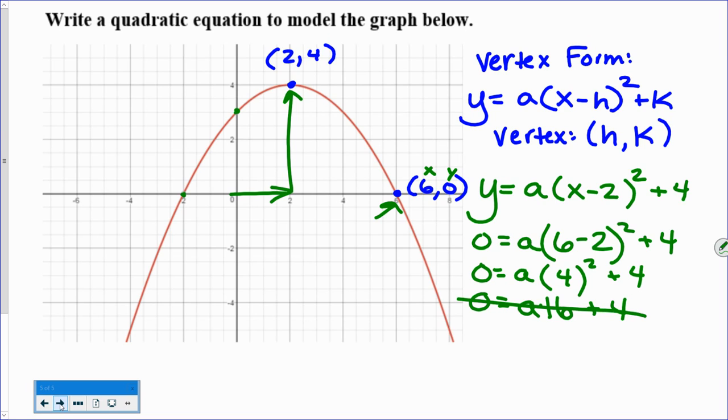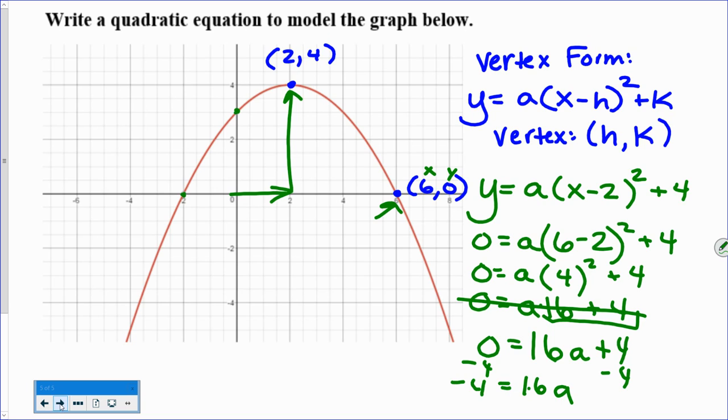I would always suggest writing it with 16a plus 4, because what I find is students try to add the 16 and the 4 together, and they always get these problems wrong. All right, the a and the 16 are multiplying, so I cannot combine the 4, and you probably would notice if I put it in this form, I must subtract the 4. So now I have negative 4 equals 16a.